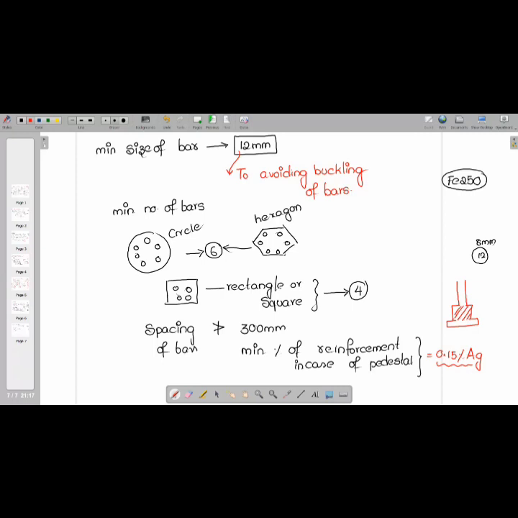Students, what I would like to tell you here is the minimum percentage of reinforcement in case of pedestal is 0.15 percent of gross area.